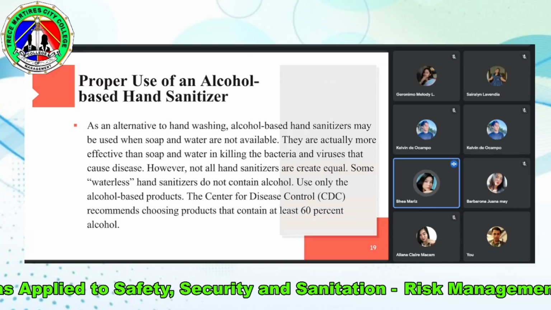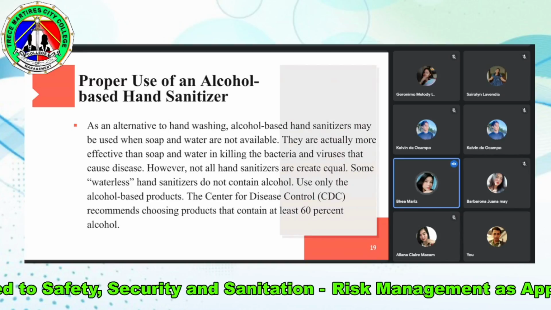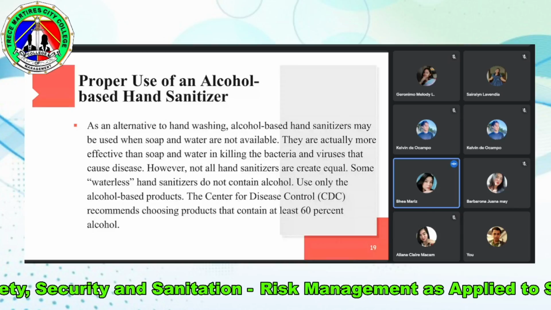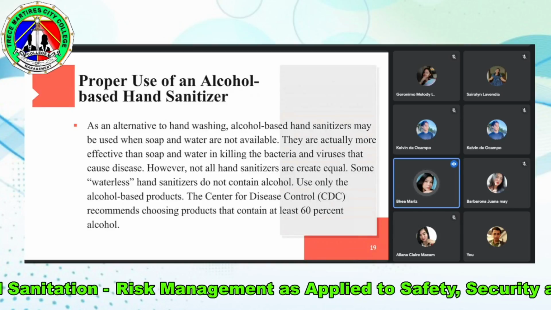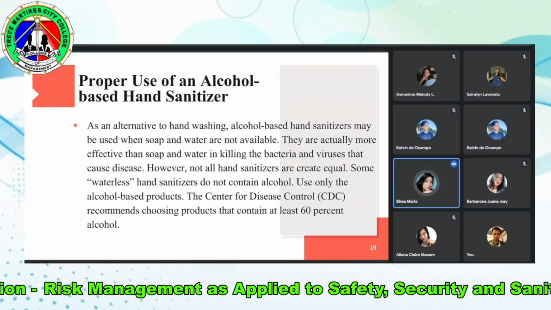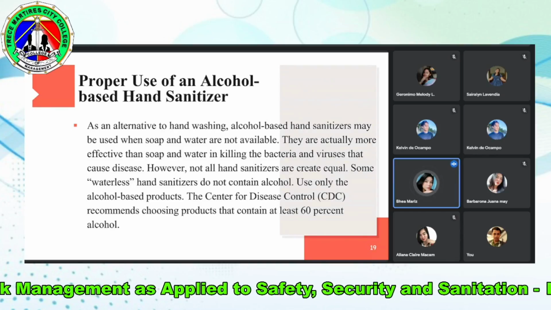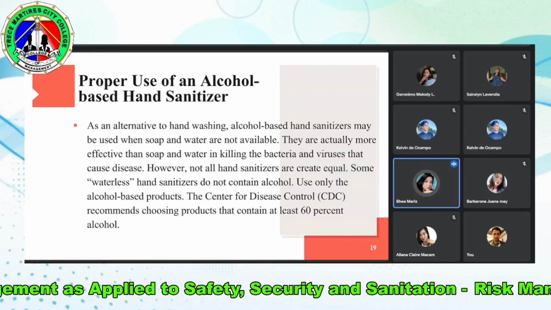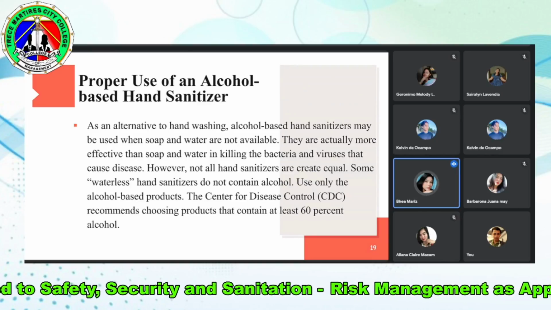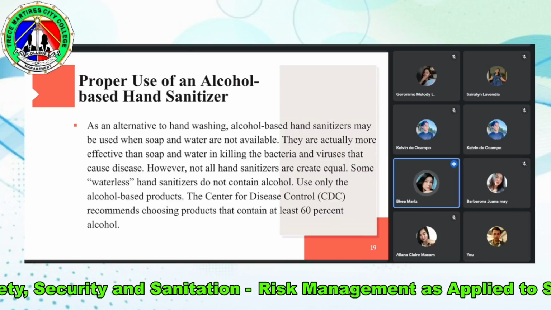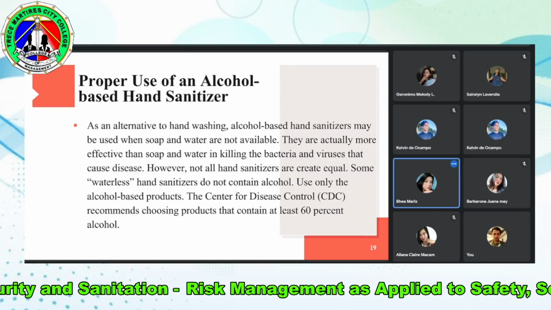However, not all hand sanitizers are created equal. Some waterless hand sanitizers do not contain alcohol. Use only the alcohol-based products. The Center for Disease Control (CDC) recommends choosing products that contain at least 60% alcohol.